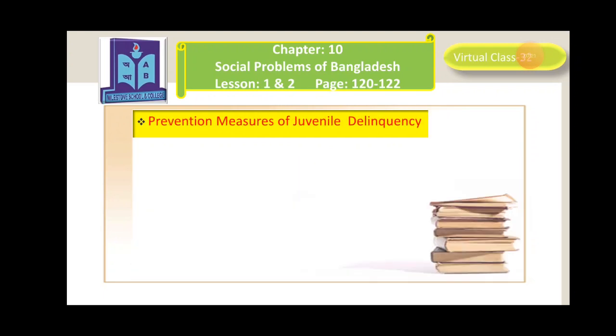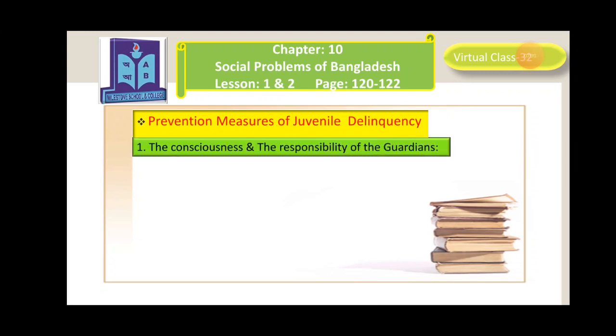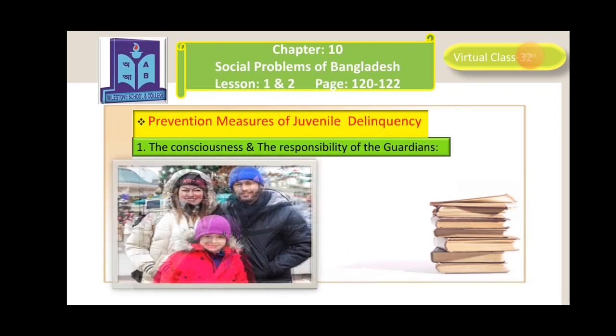Okay, so, prevention measures of juvenile delinquency. The consciousness and the responsibility of the guardians. Can you see the pictures? Who is this? Oh, you know, that is Neymar. Neymar's family are all laughing.